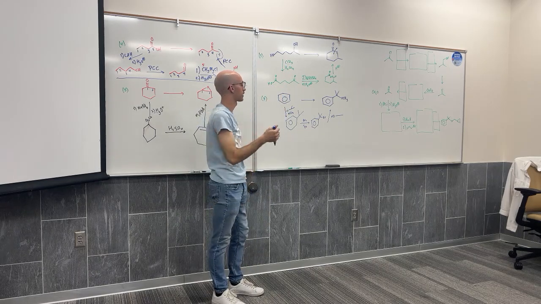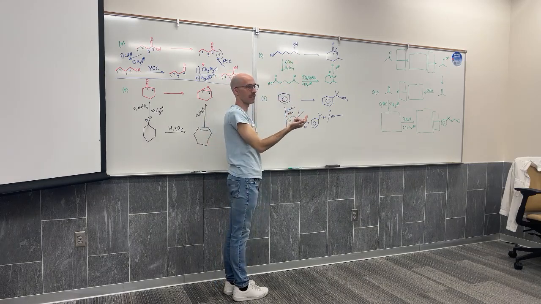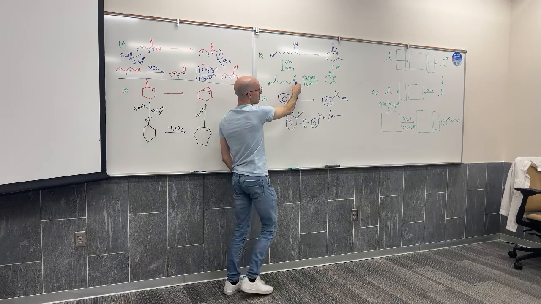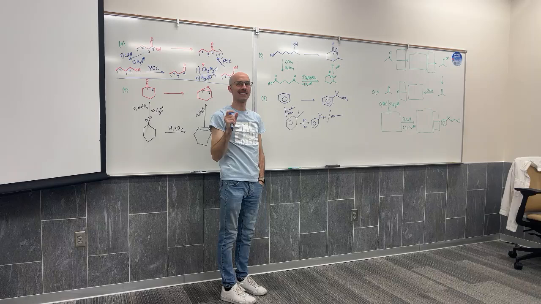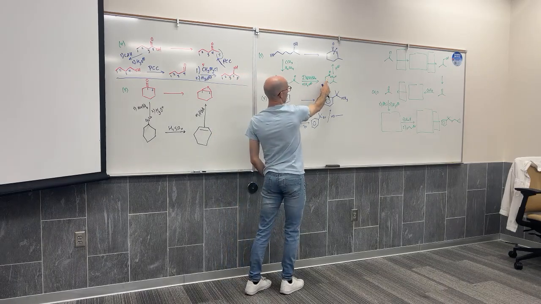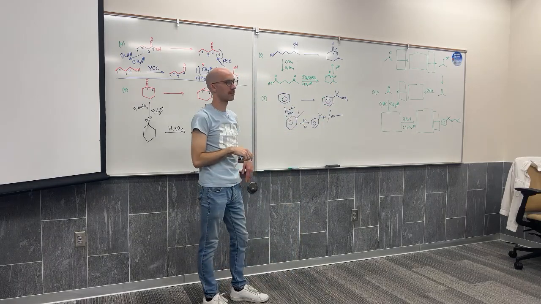We need a strong oxidizer here, which means inevitably my ketone is going to be oxidized as well. But I can't afford to have a ketone because I need to have an alcohol there. So now I can selectively reduce, keep the carboxylic acid, reduce the ketone using sodium borohydride.